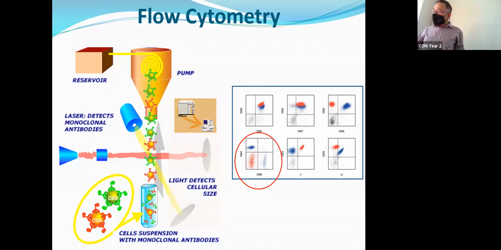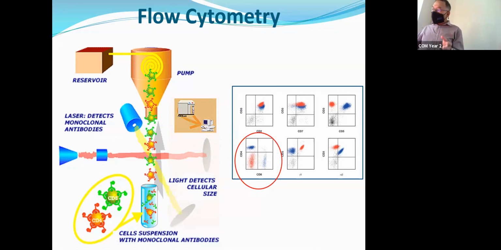If you look along the x-axis, at the extreme end of the axis, these represent the highest stained cells tagged with the CD8 marker. So this represents all your cytotoxic T cells. Similarly, the top left-hand quadrant represents all your CD4 or T helper cells.